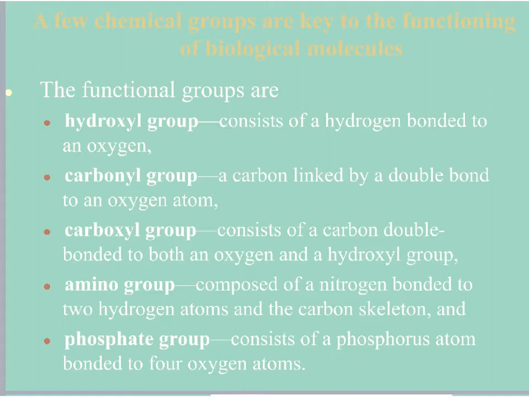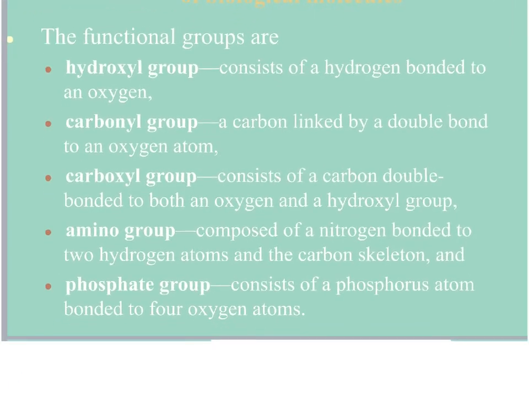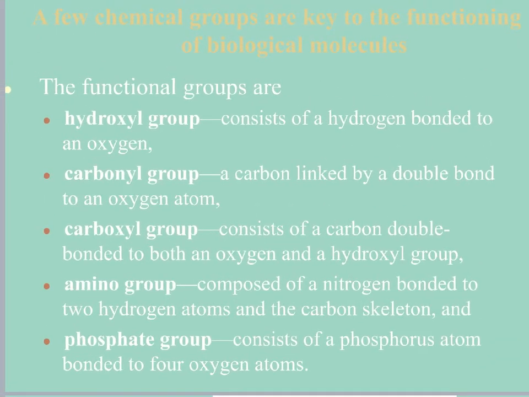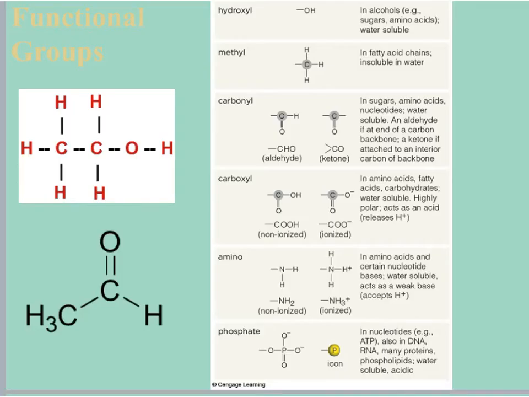Carboxyl group, which is made up of carbon double bonded to both an oxygen and a hydroxyl group. Amino groups are made up of a nitrogen bonded to two hydrogen atoms, but also bonded to the carbon skeleton. And then also a phosphate group, which has a phosphorus atom bonded to four oxygen atoms. Let's look at that because the words probably don't mean much to you. Let's look and see what these look like.